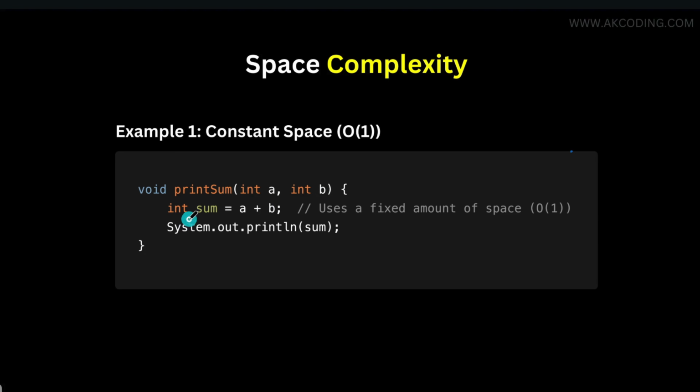In the body of this function, it will return the sum of a and b. Here we have printed the sum value, right? So a and b will always be constant or always fixed. So the space complexity would be O of 1.